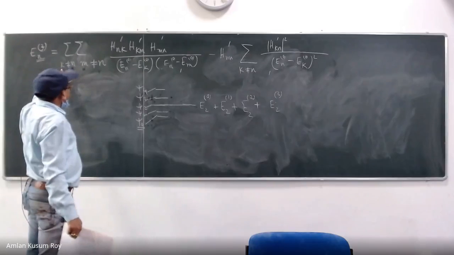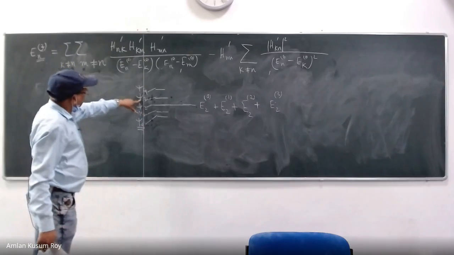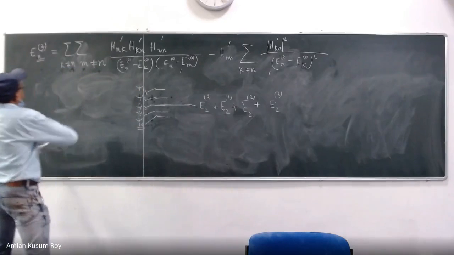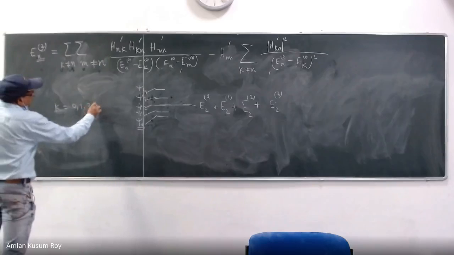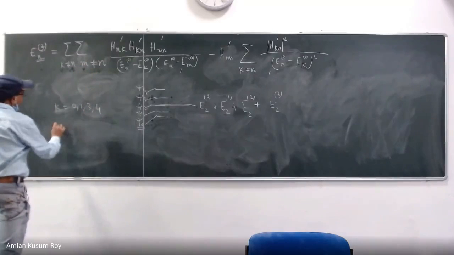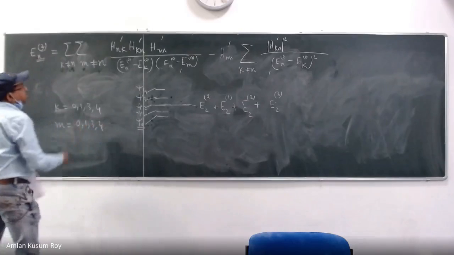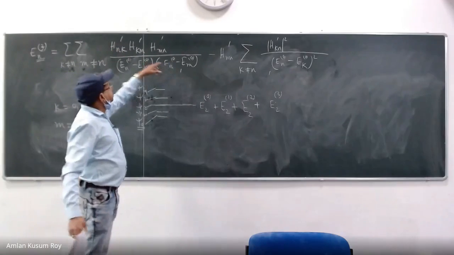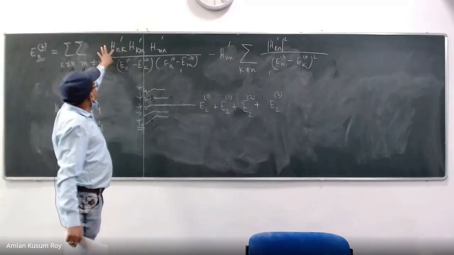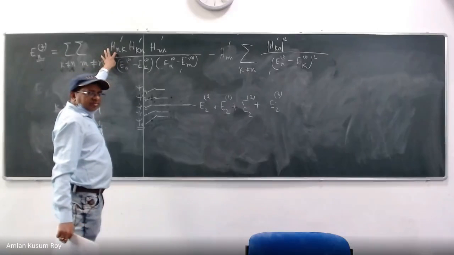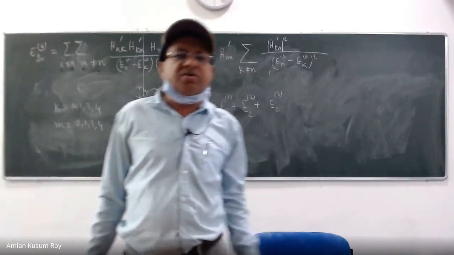So in this particular case k takes 0, 1, 3, 4, and m in this case also 0, 1, 3, 4. And of course n for this particular state is 2. So n remains 2, but all the other k's and m's have to be taken into account.